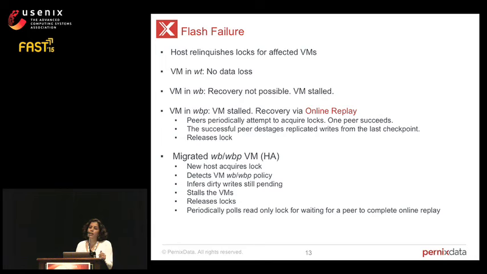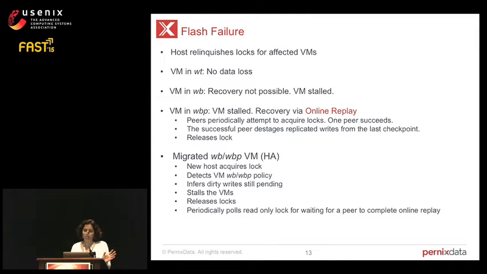If, meanwhile, for high availability, the affected VMs have migrated to other hosts, then the new host could acquire the lock. Once it acquires the lock, it can look at the lock contents, and from the lock contents, it finds that the VM was in write back on the previous host, which indicates to it that the VM still has pending dirty data on the previous host.